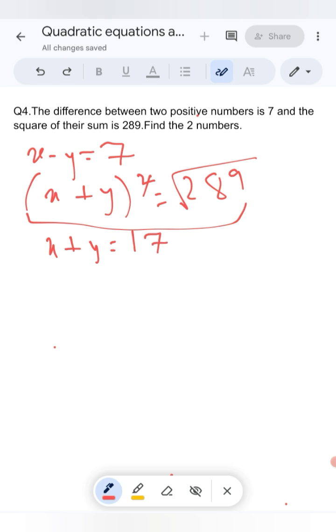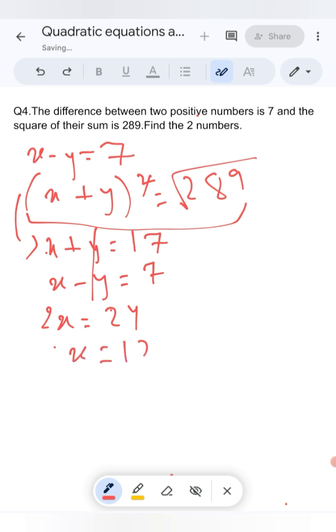Now in place of this equation, I can use this, right? And the first equation was x minus y is equal to 7. Now plus y and minus y, when I cancel it, here I get a 0, agreed, and x plus x makes 2x. Now 17 plus 7 makes 24, and x is equal to 12, right?